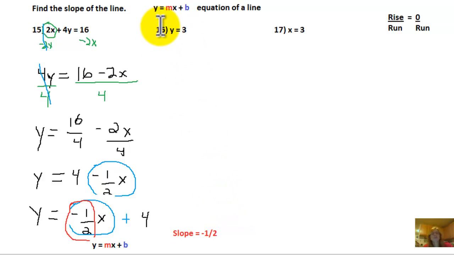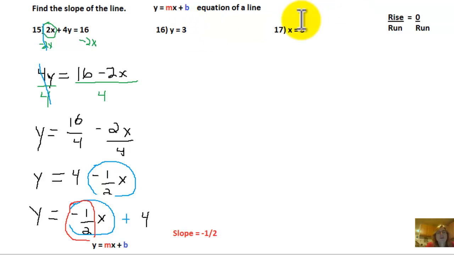So then on this problem, what we have is y equals 3, which indicates this here, mx, is 0. If the slope is 0, then 0 times x is 0, so y equals 3. So what this is telling us is the slope is 0.